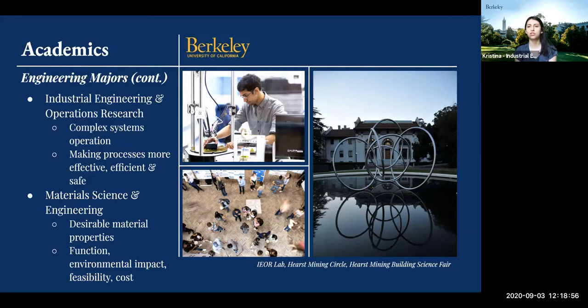It focuses on taking things that other engineers have already made, buildings that they've made, and making them more efficient. So going into a company and saying, okay, the process time to make this product on your assembly line right now is taking 5 minutes. How can we cut that down and make it more effective so you can make more money?